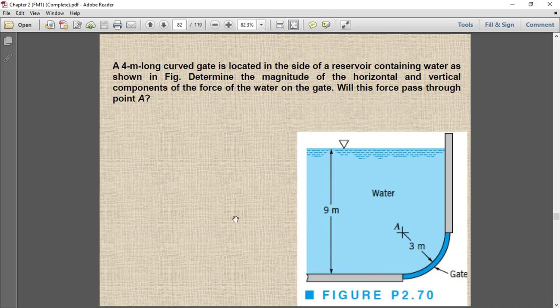So now what is our first step? The first step is to make a free body diagram. So we will take a horizontal line from the end of the curve in the horizontal direction, and one in the vertical direction. These two lines will end up at point A, and then we make a free body diagram.